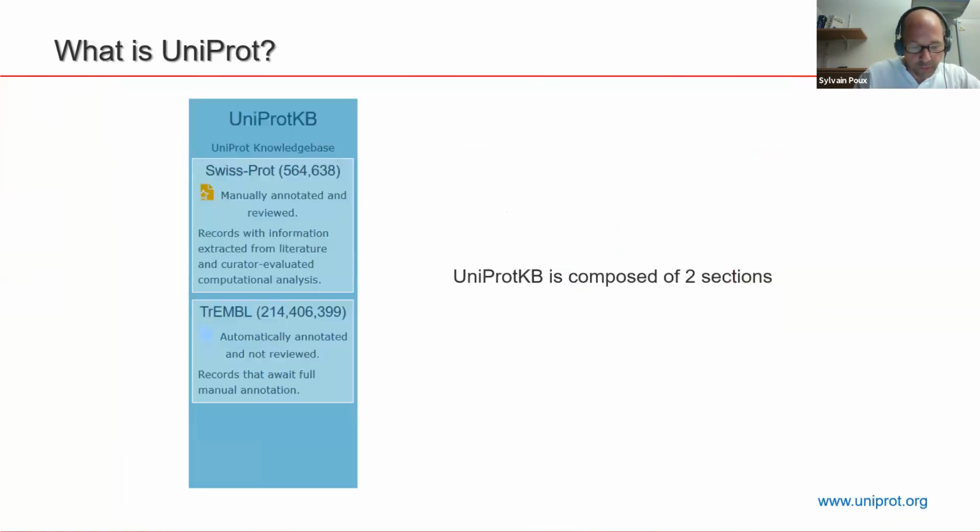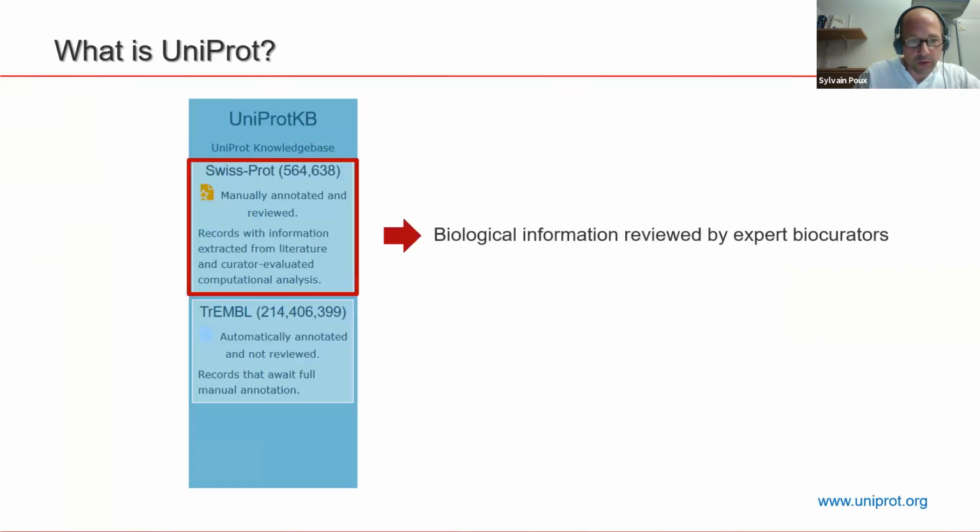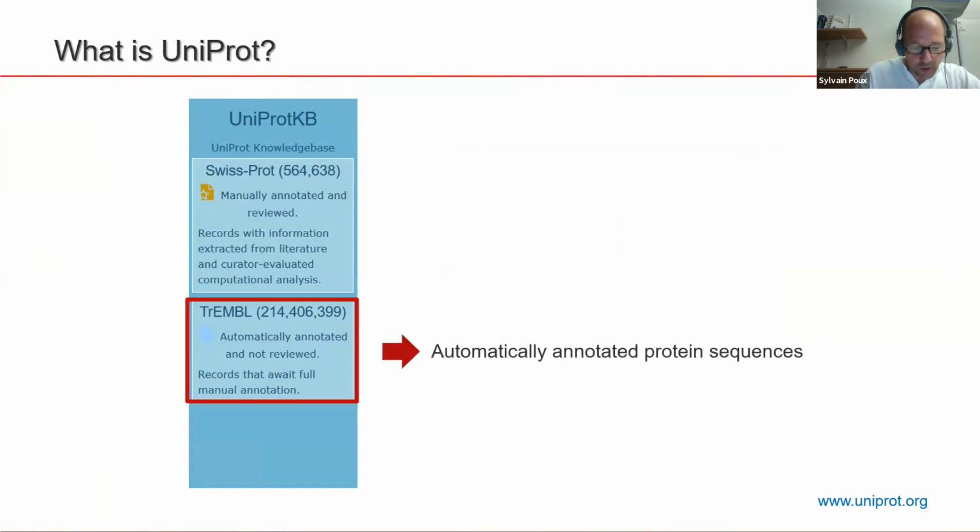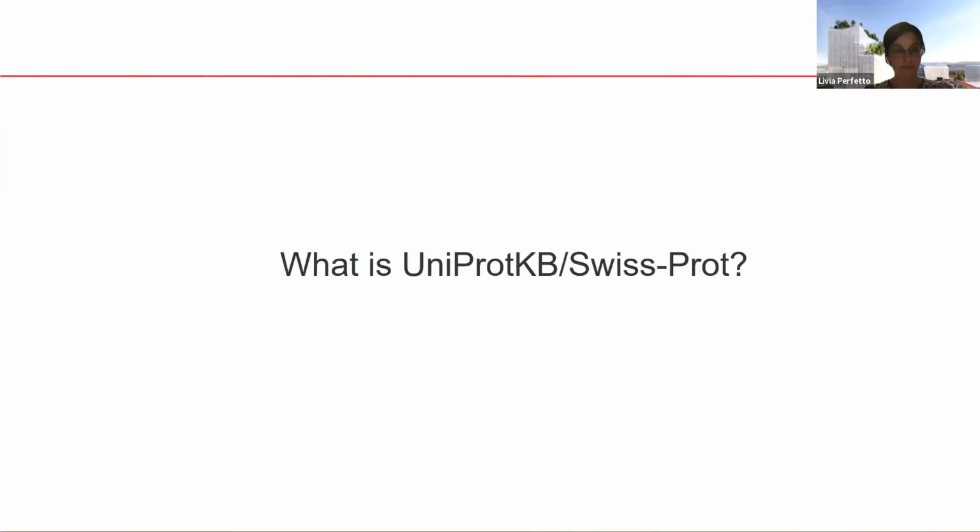UniProtKB is composed of two sections: UniProtKB Swiss-Prot, which I will call Swiss-Prot for simplicity, which contains biological information reviewed by expert biocurators, and UniProtKB TrEMBL, which contains automatically annotated protein sequences. What is Swiss-Prot?